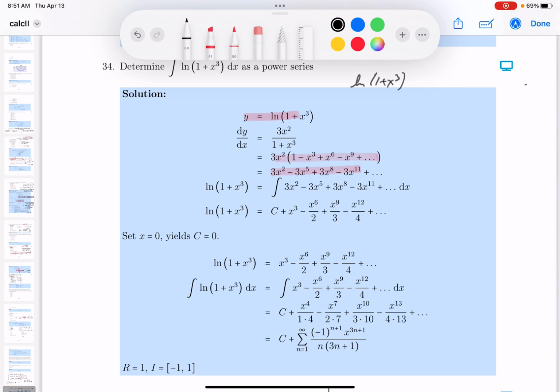We just differentiated that, and we're going to integrate it to go backwards. So we know this guy's derivative, and now we're going backwards by doing the antiderivative. So I integrate it, and it'll get me back to the log of 1 plus x cubed.